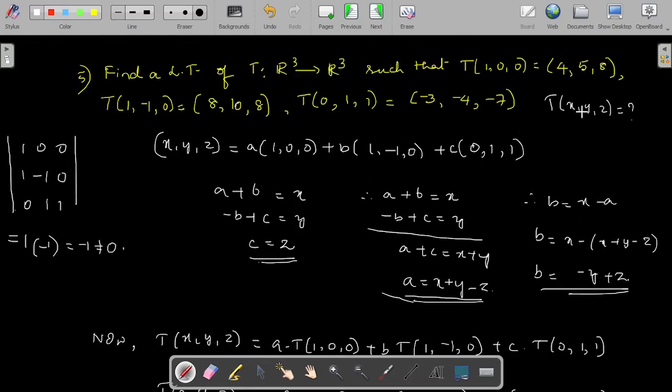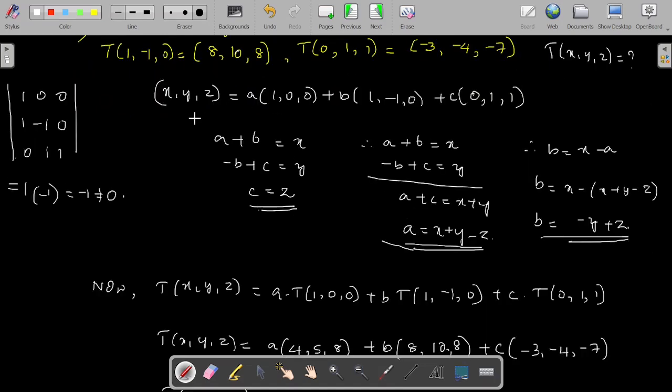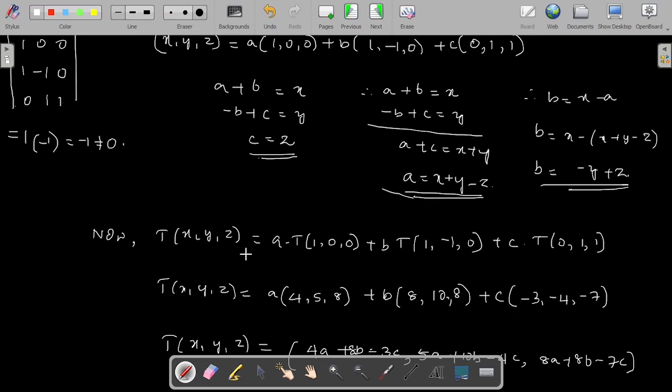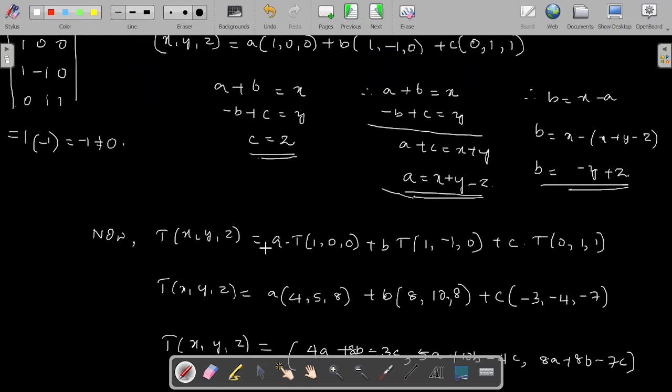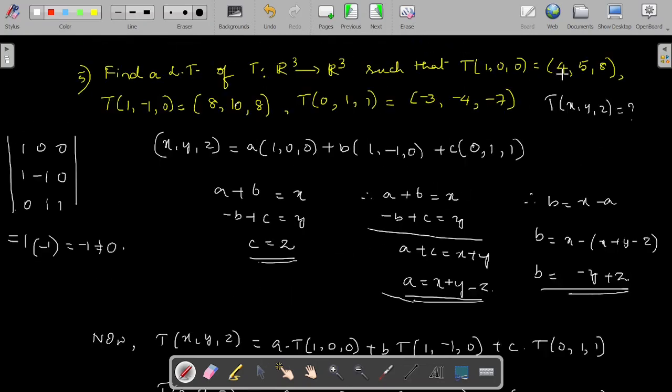But we want T of (x, y, z), where it goes to. So apply T on both sides. So you will get T of (x, y, z), as it is a linear transformation, T of v is nothing but a into T of (1, 0, 0) plus b into T of (1, -1, 0) plus c into T of (0, 1, 1). We know where (1, 0, 0) goes to, that is given here.